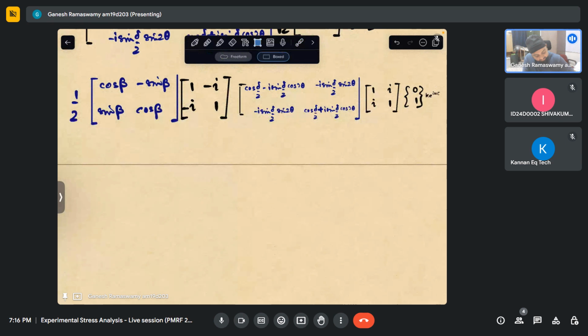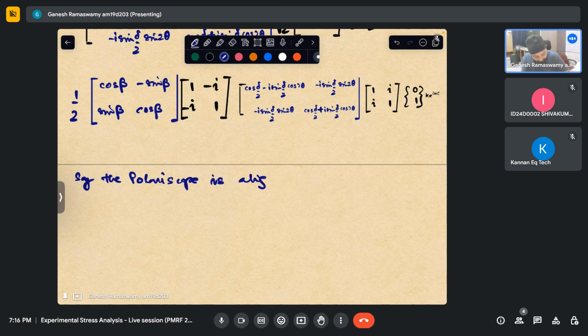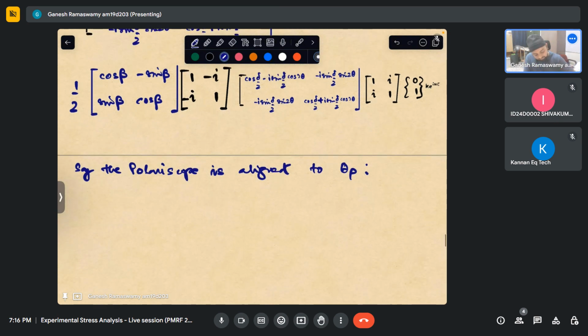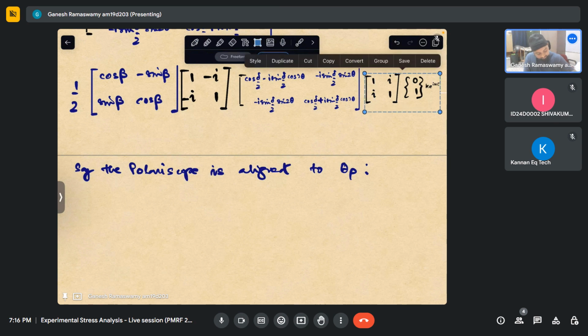So in that case, let us say the polariscope is aligned to theta p. In such a case, this comes as this.